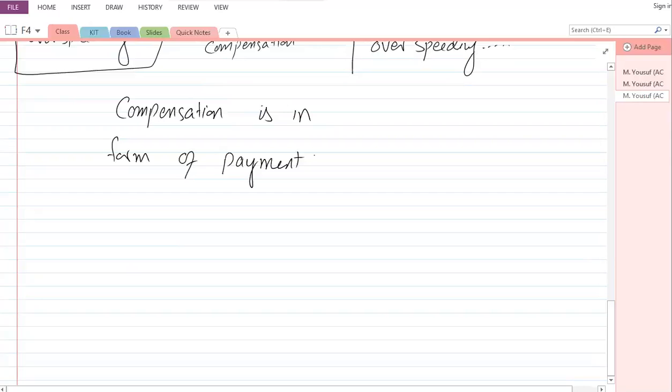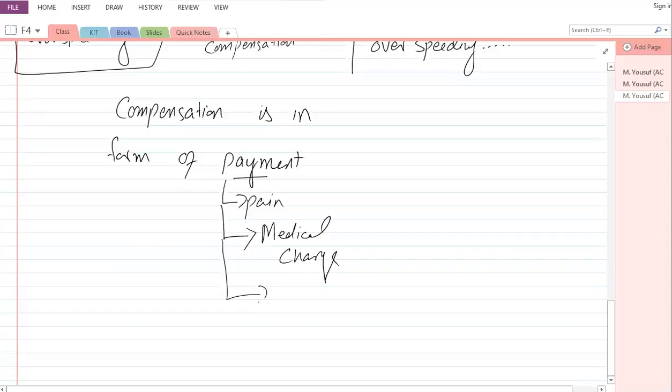So payment will be made by A to B. So the payment will include payment for the pain when A punched B, payment for medical charges, payment for the salary which he was not able to obtain. So in civil law, the remedy is the payment. The compensation is the payment.